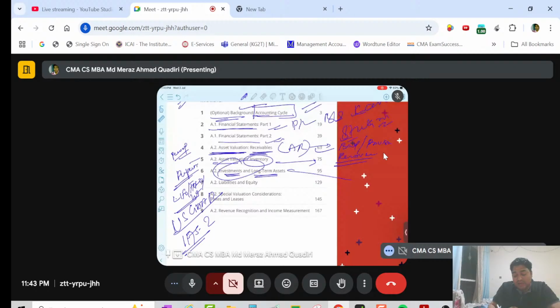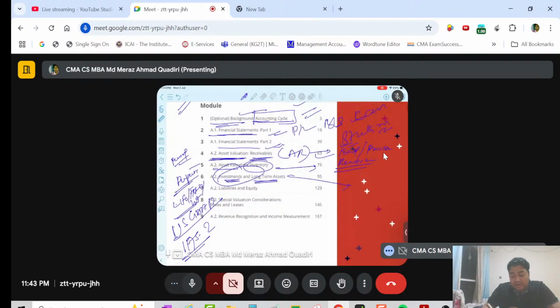Now coming to the second, investments and long-term assets. In investments, you will learn investment in equity, investment in debentures, then associates, consolidation. Now coming to liabilities and equity.